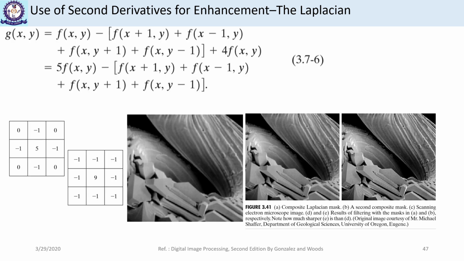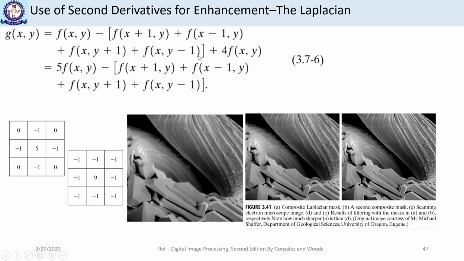Now next, if I want filter coefficients which will directly enhance my image: for image enhancement, we add the Laplacian filter output into the original image. So this is fxy, the original image. If the center coefficient is negative, that means it is -4, then we subtract it from the original image.